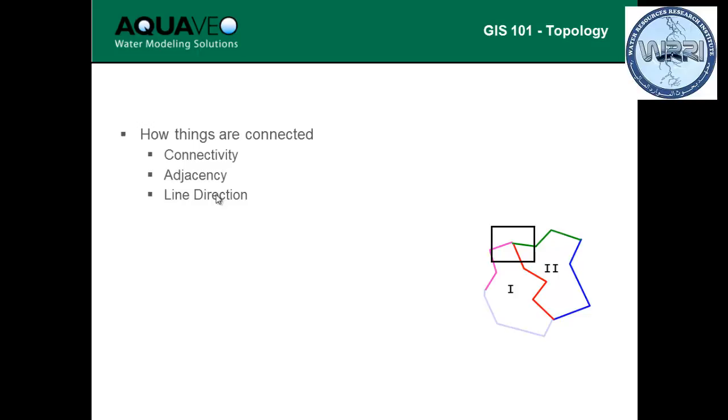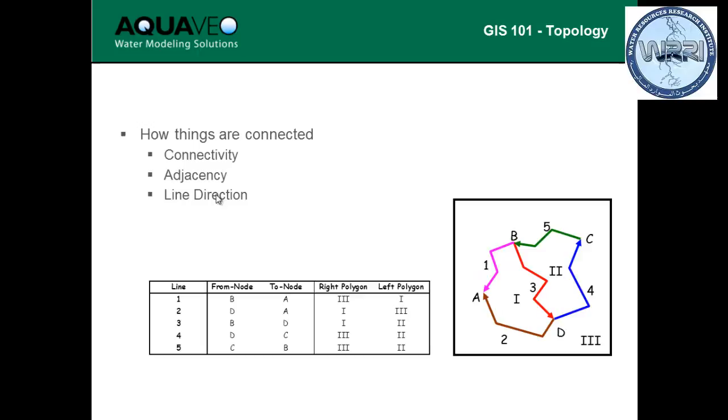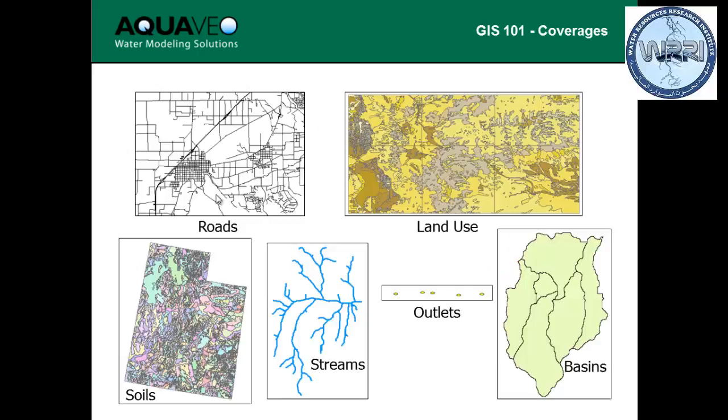Lines being adjacent to each other is important, and the directions of lines is important. If I were to zoom into some lines here, and these lines aren't connected in exactly the right location, then I could have problems, because the computer doesn't know that these lines are all supposed to be together. Each line in a GIS has a direction, and this is especially important in WMS. You have to know your line directions.